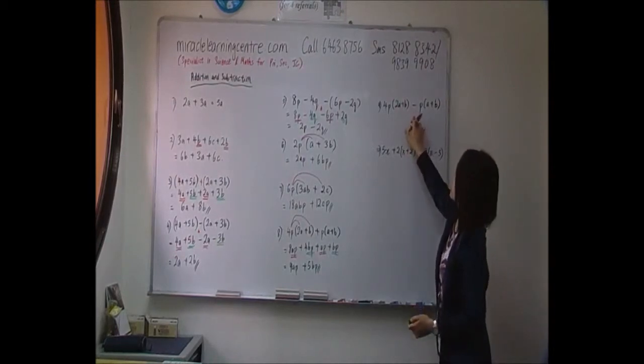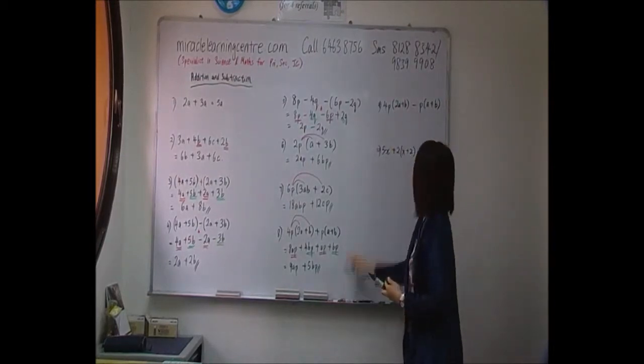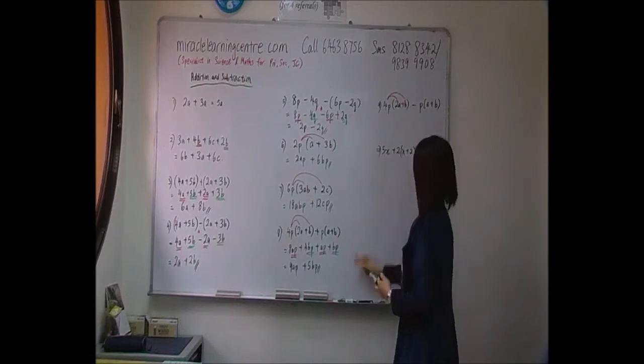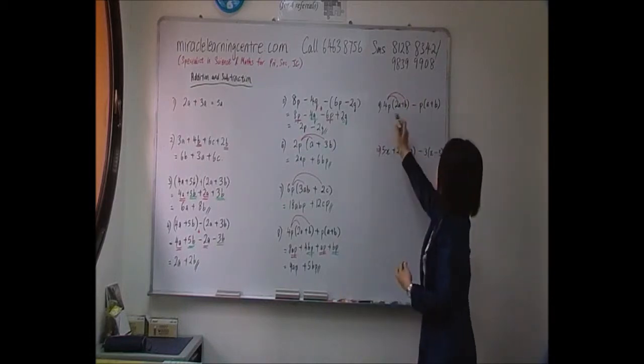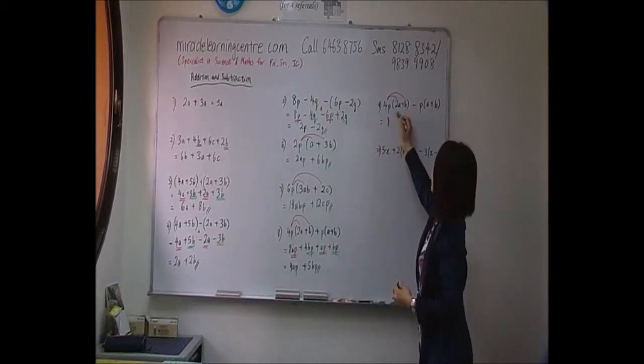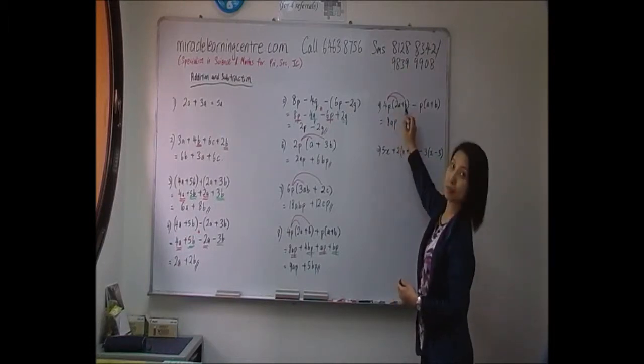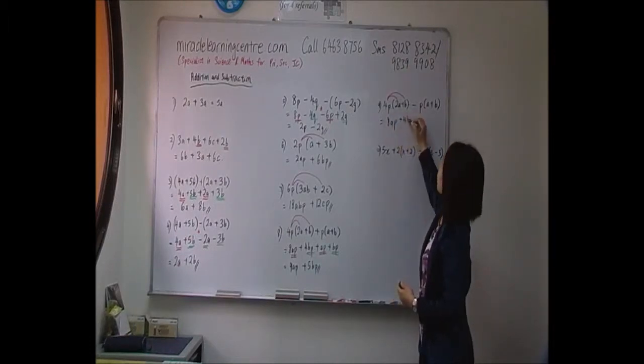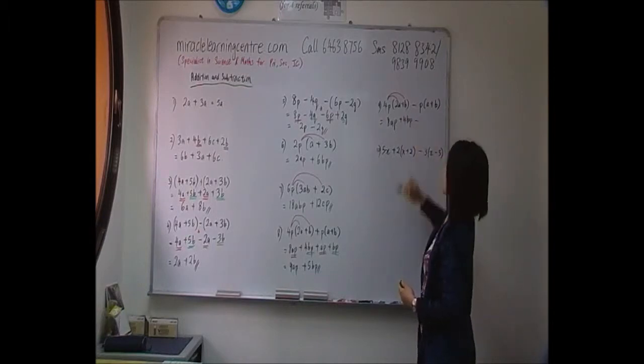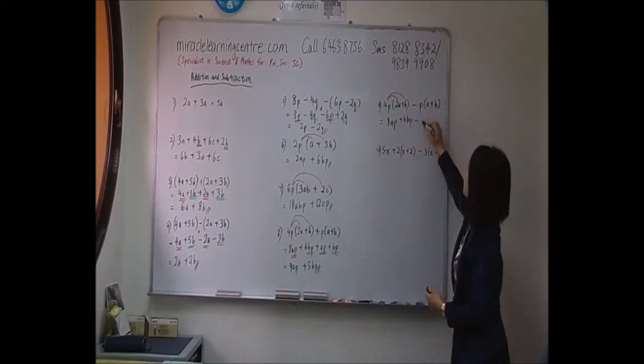We have the negative again, so we're going to multiply it in. 4 times 2, 8. A times P, AP. 4B times P, we'll have 4BP. It's a negative.